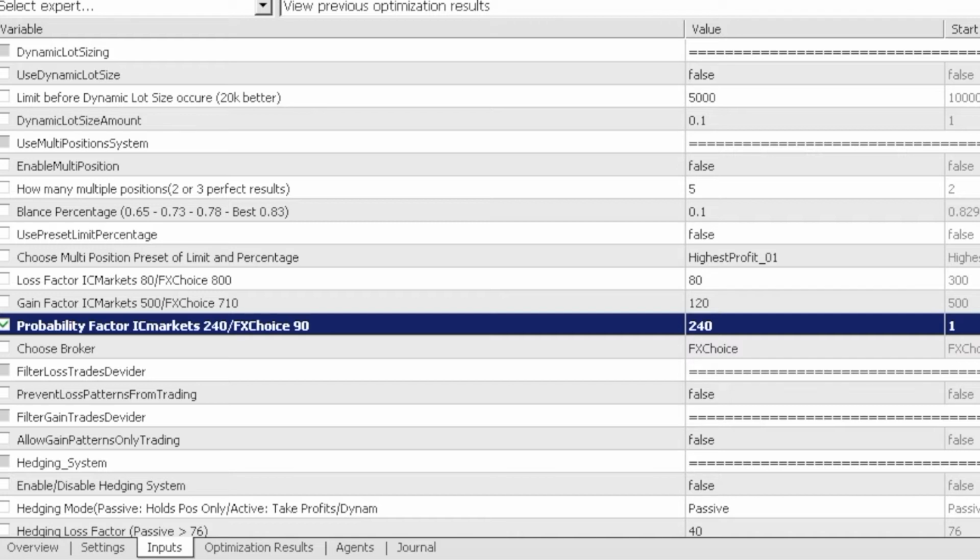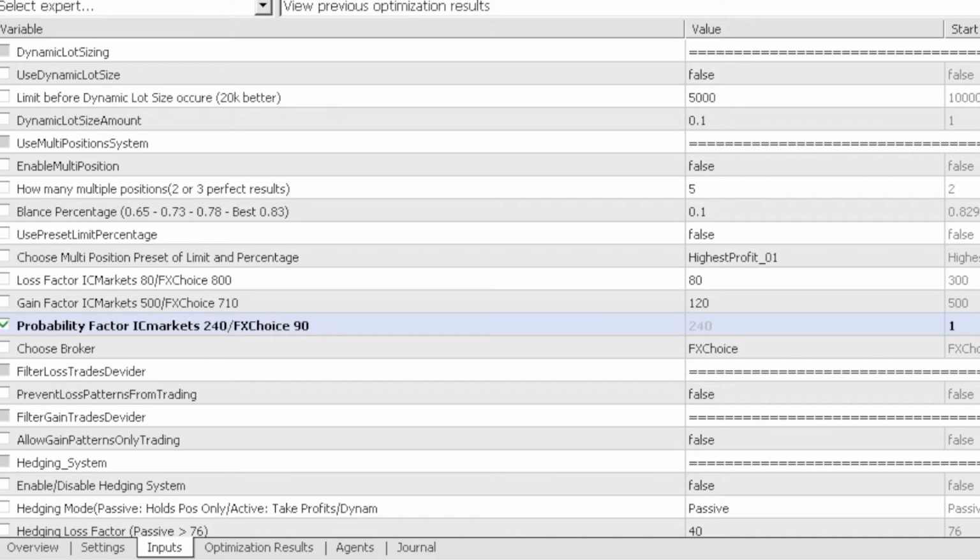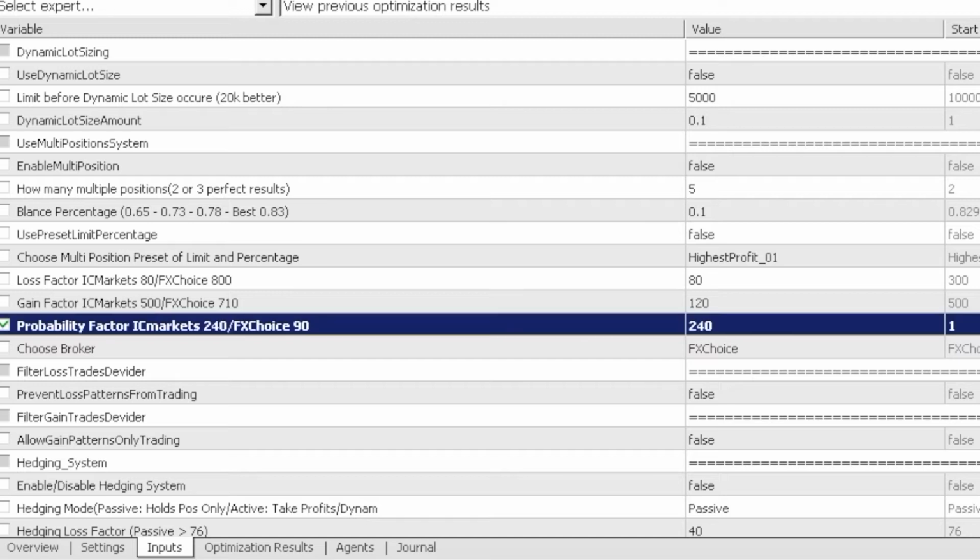And then instead of 900, I would say stop at 1000. So it tries probability factor 1, then 2, then 3, all the way up to 1000. When it tries that, it will actually give you how much profit it's making. So by doing this, you can figure out the best number for the probability factor.